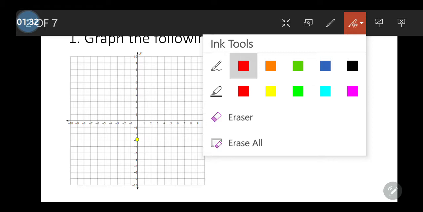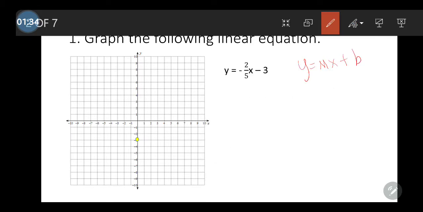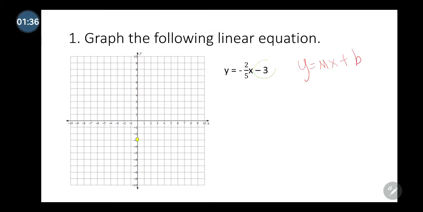If you look at your equation, we're going to start with our y-intercept, which is negative 3. I've already graphed that on the coordinate plane at negative 3. So let's put that point on your coordinate plane at negative 3.